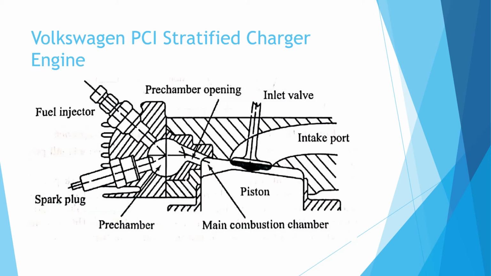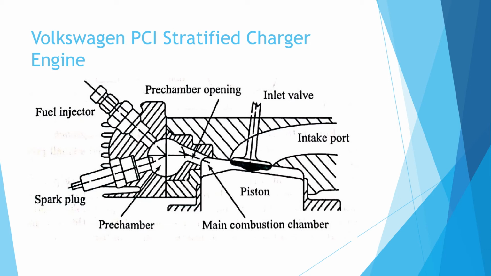The next slide, Volkswagen PCI stratified charge engine. In this figure is shown the Volkswagen PCI stratified charge engine. It consists of a spherical unscavenged pre-chamber comprising approximately 25 to 30% of the compression volume.